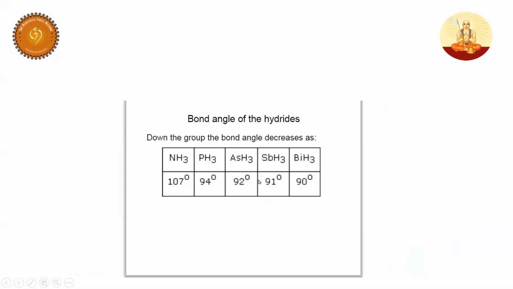Very, very important. Next, another point about bond angles. Very interesting: from ammonia to bismuthine, the bond angle decreases. You have studied this in chemical bonding. As the central atom's electronegativity increases, the bond angle increases because repulsion increases.